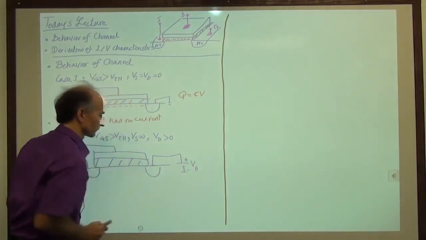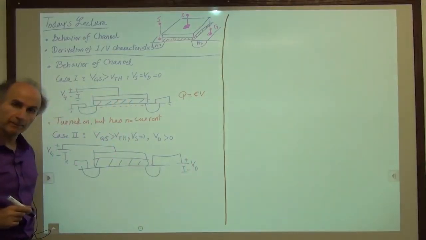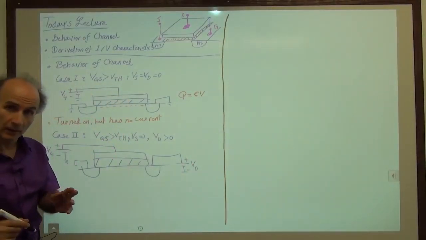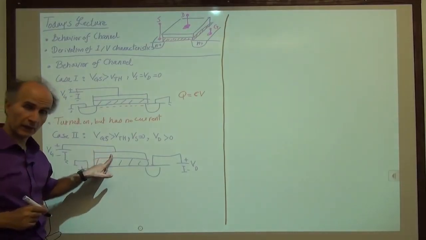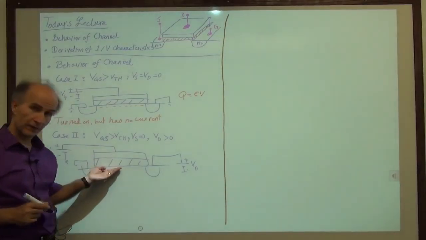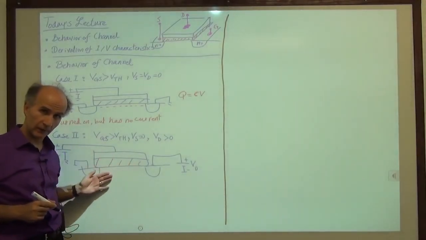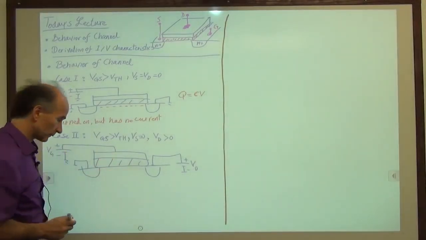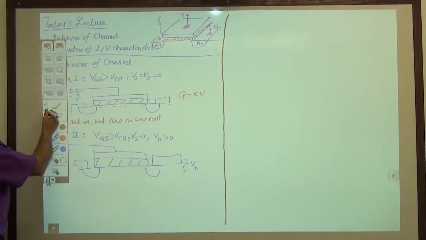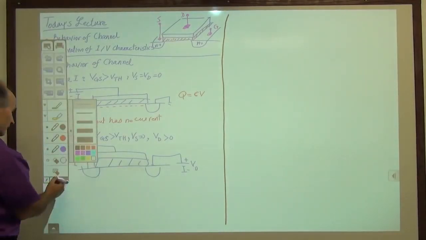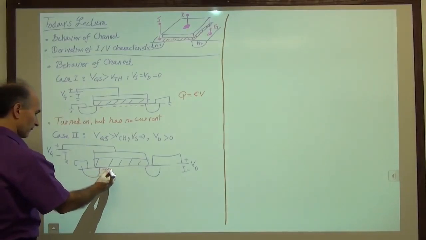Okay? Now, the device is on, because the gate voltage is higher than the threshold. So we must have electrons here, free electrons. All right, so free electrons have accumulated in this area. So let's draw some free electrons. There's some free electrons here.